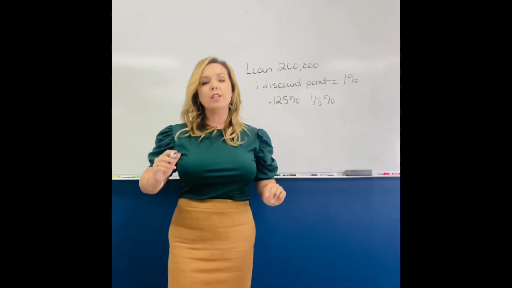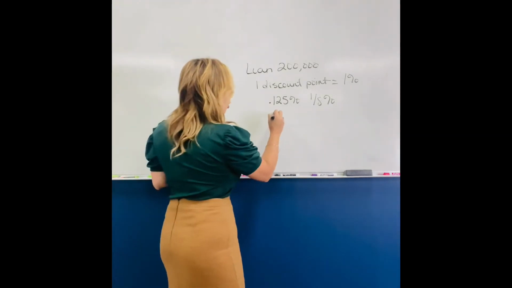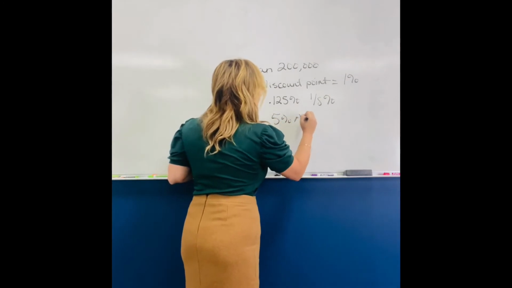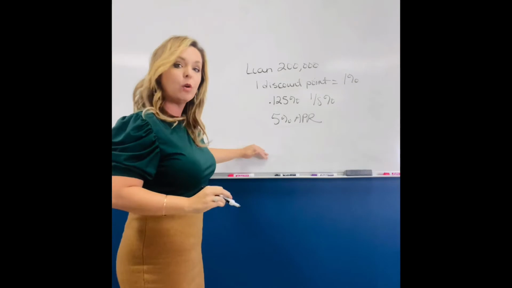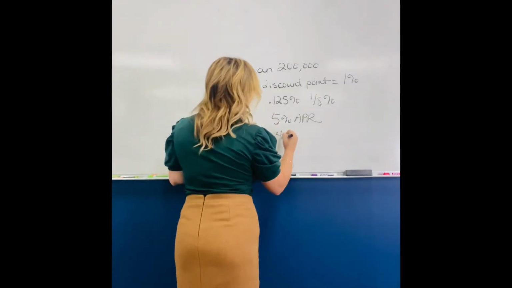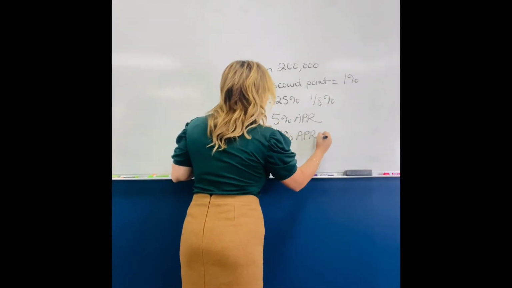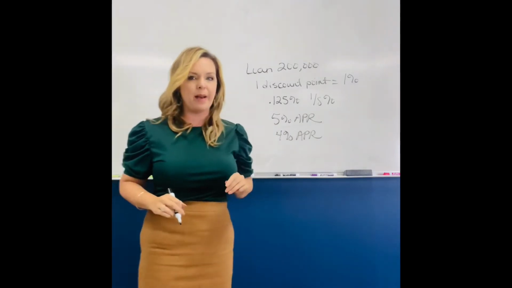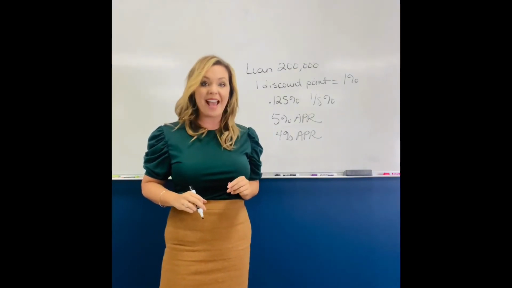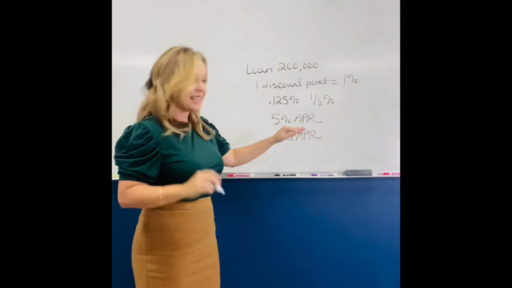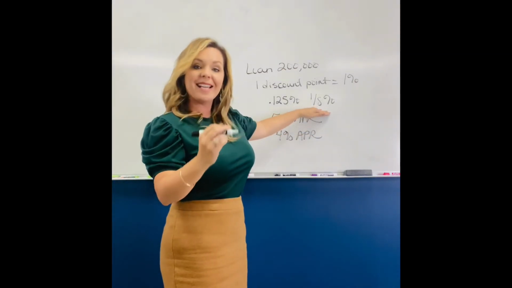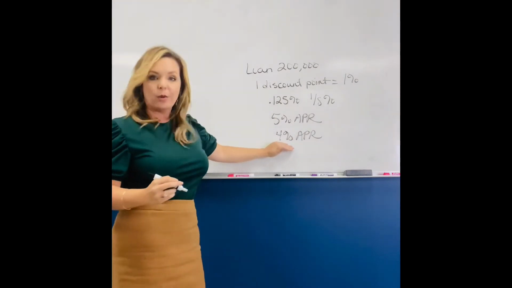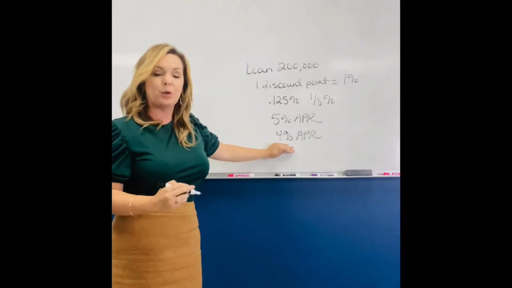So if I wanted to take my interest rate quote of 5% APR and I want to lower it down to a full 4% APR, how many discount points would I have to buy? I'd have to buy 8, right? Because each point is 1/8. So you would buy 8 discount points to lower it down to a full 4% APR.